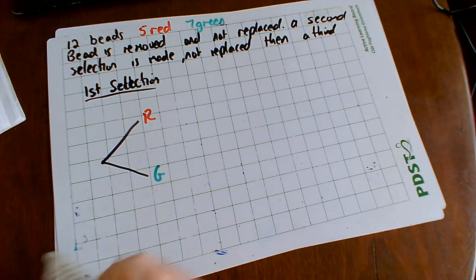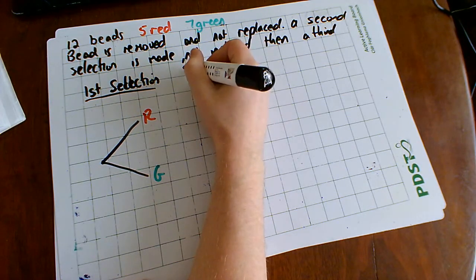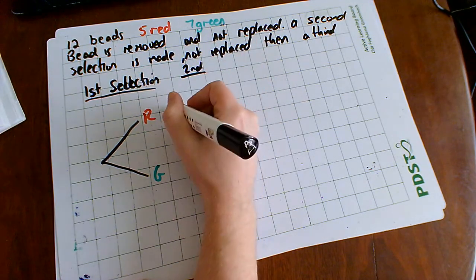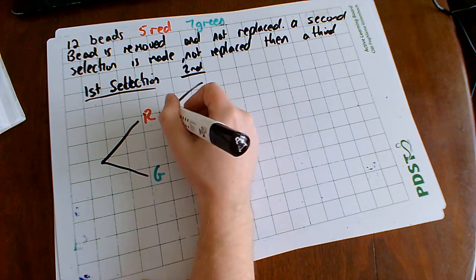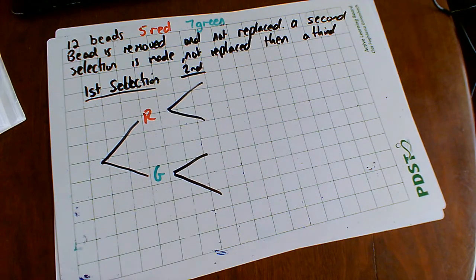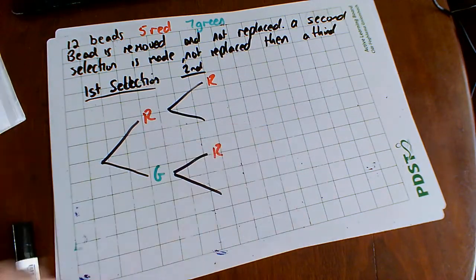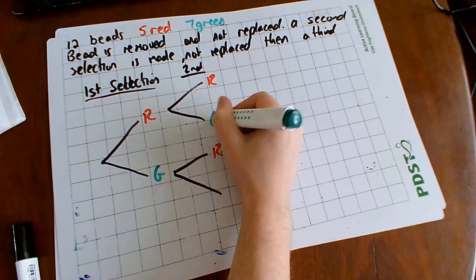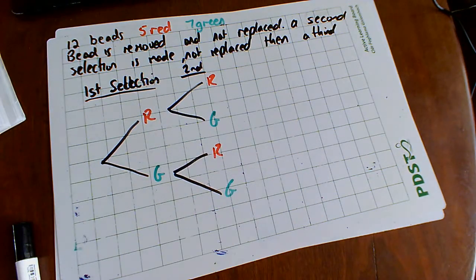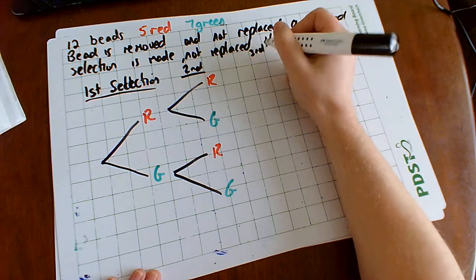Okay, and before I put all the probabilities in, I'm going to show in the second selection there are also 2 outcomes, and again, red and green. And then in the third selection, okay, I'm going to run out of this.